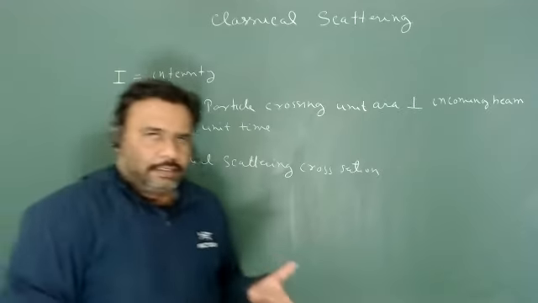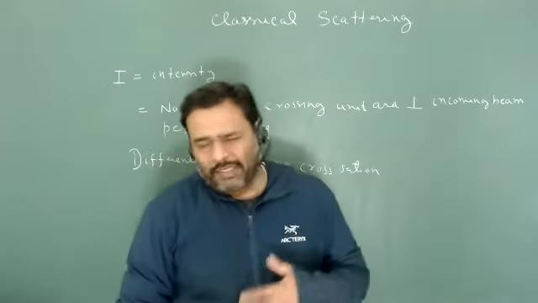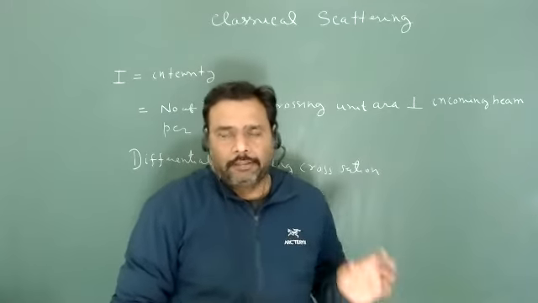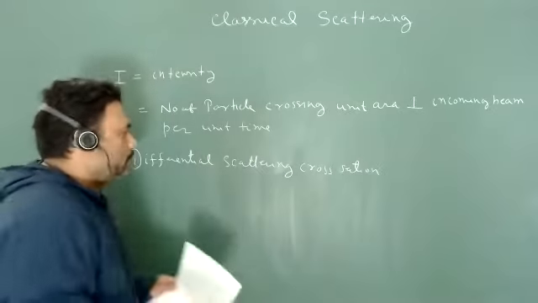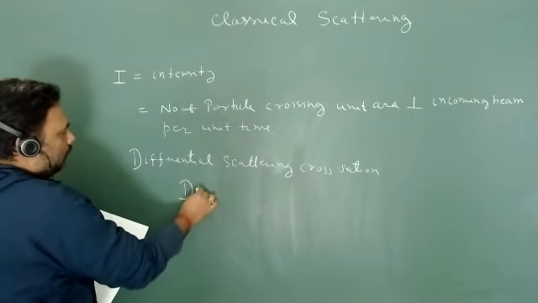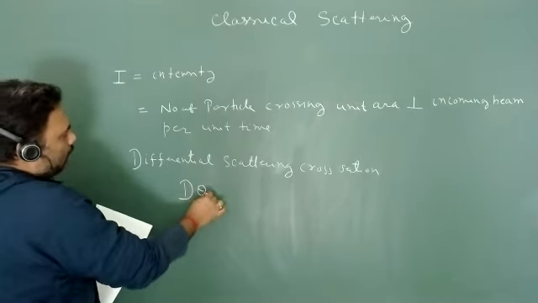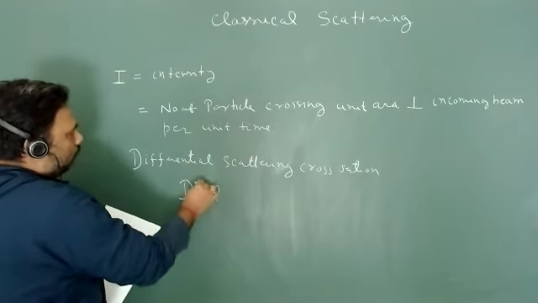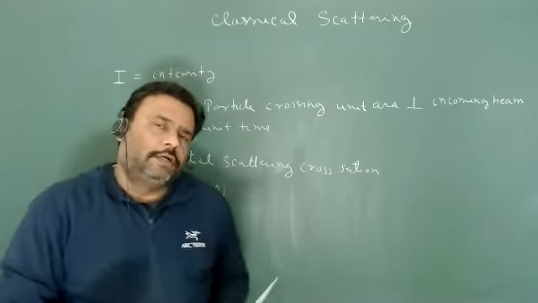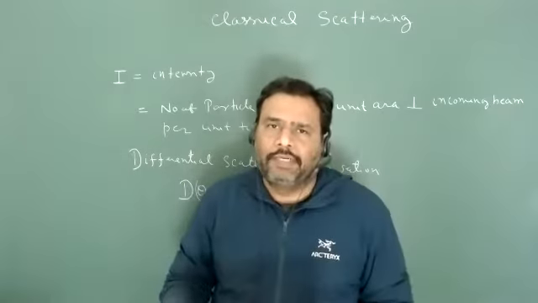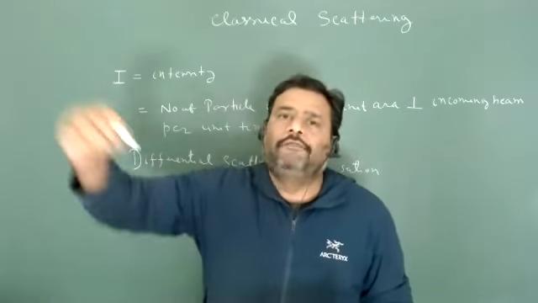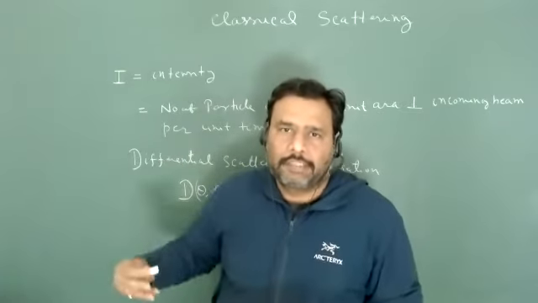Goldstein takes this as sigma, but I will not take sigma, because I will use sigma for the total scattering. For the differential scattering cross section, we can take the notation dσ/dΩ, and obviously we could take phi also, but phi is not relevant because my potential is spherically symmetric. If it is spherically symmetric, all values of phi have the same cross section.